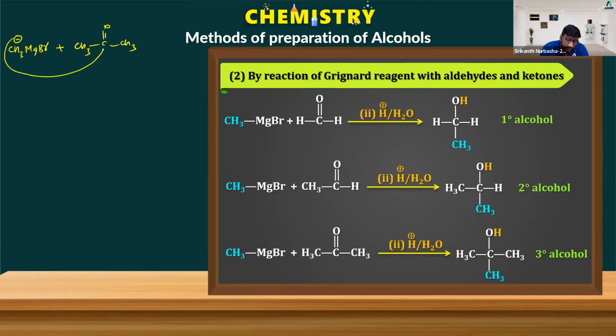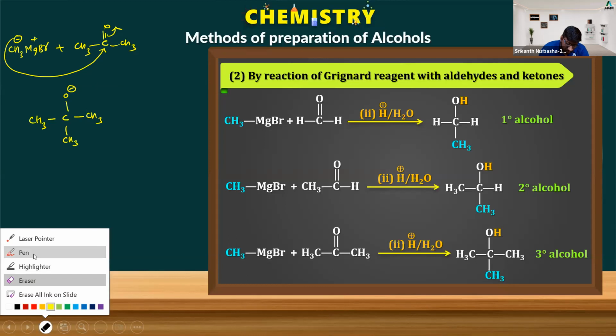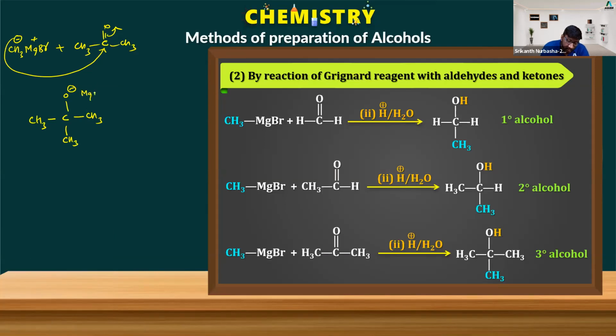It attacks the electrophilic carbon, and the pi electron density of the C=O moves away. So the negatively charged oxygen develops an electrostatic force of attraction with Mg+, generating CH3C, with this carbon connected to one more methyl, CCH3, and O- having electrostatic attraction with MgBr with a positive charge on magnesium.